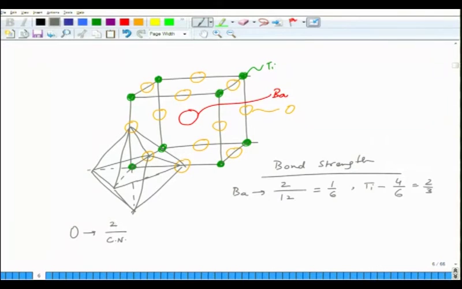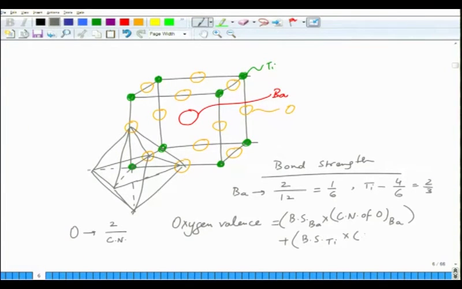So what you can do is, oxygen valence in this case is bond strength of barium multiplied by coordination number of oxygen by barium, plus bond strength of titanium multiplied by coordination number of oxygen by titanium.